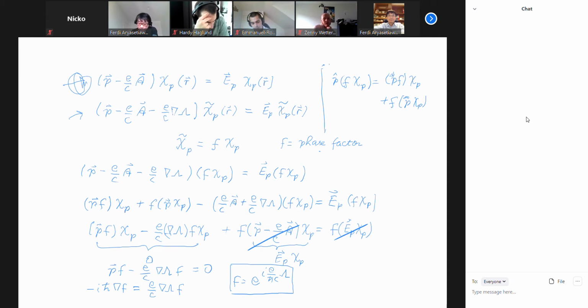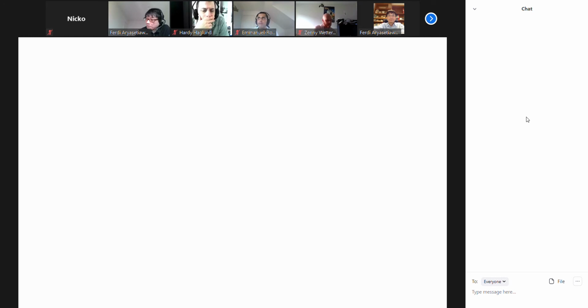We have done this for the eigenstates of the kinematic momentum, but we notice that this phase factor here does not depend on the eigenstates of the kinematic momentum.